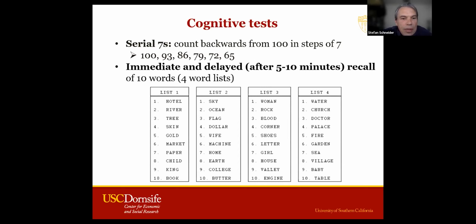And if you get that right, you get 5 points. Then we have immediate and delayed recall of 10 words, 4 different word lists. So these are the two core tests that we're looking at.